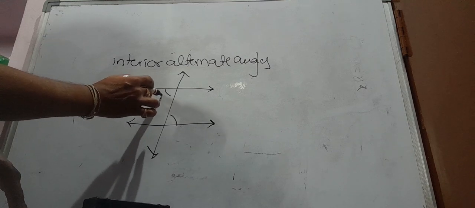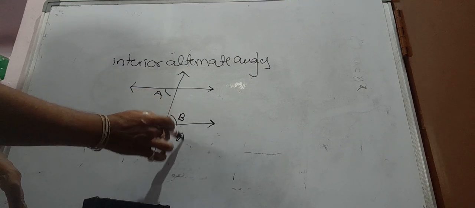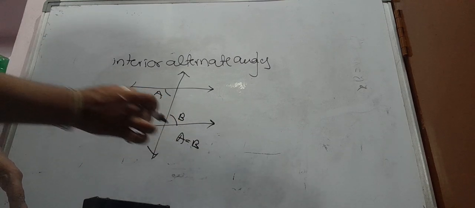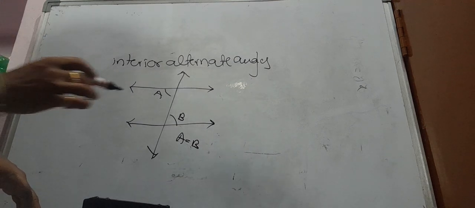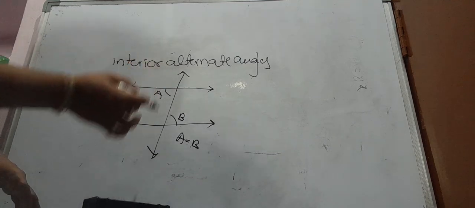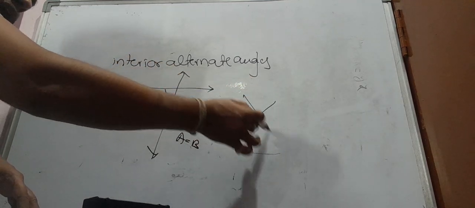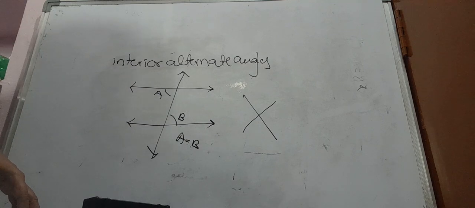So let this be A and this be B. Now I will show you angle A and angle B are equal. Sir, without measuring with a protractor, how can you show that they are equal? Before this concept, you would have learned already about vertically opposite angles.